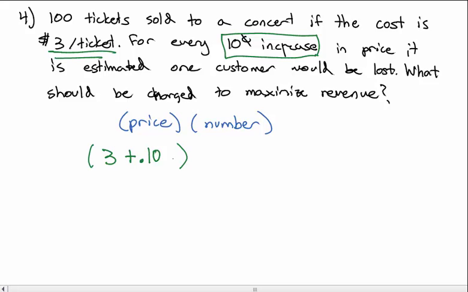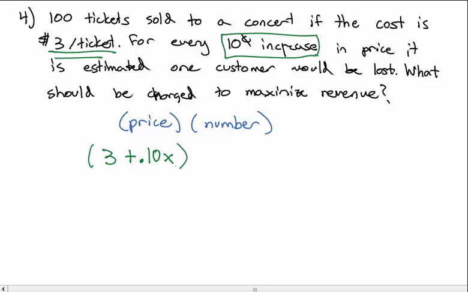We're going to increase 10 cents, but we don't know the number of times. So I'm going to call that x. So if x is 5, that represents 5 10-cent increments. If x is -2, that means we're decreasing the price 2 10-cent increments, or decreasing it 20 cents.